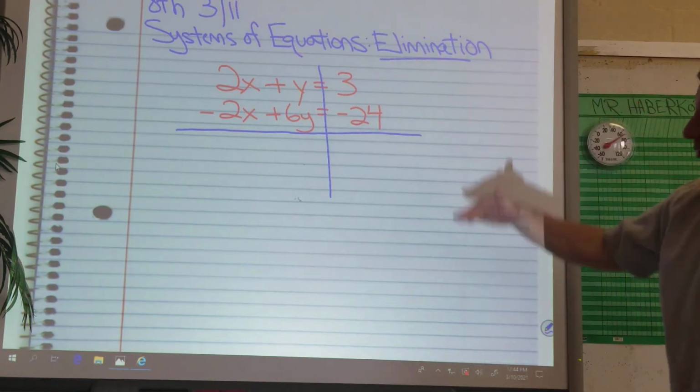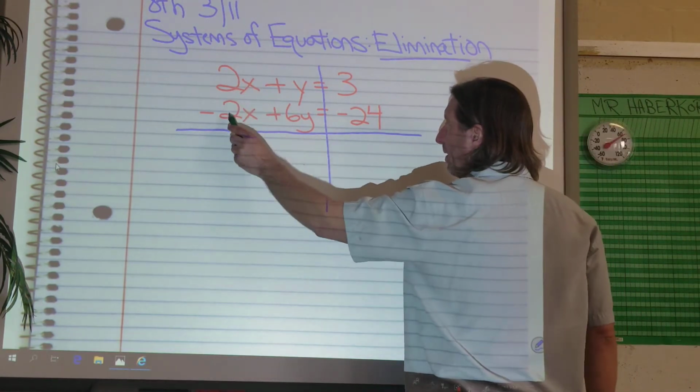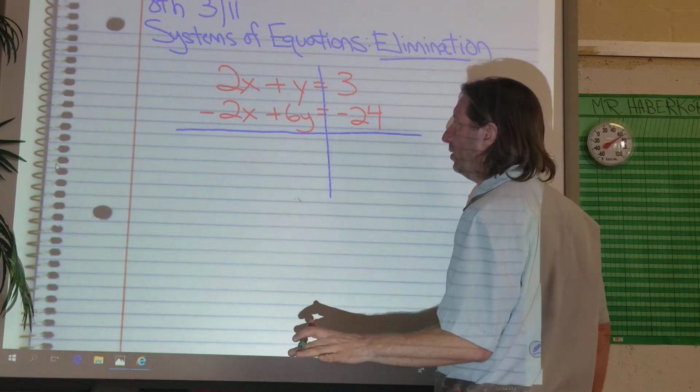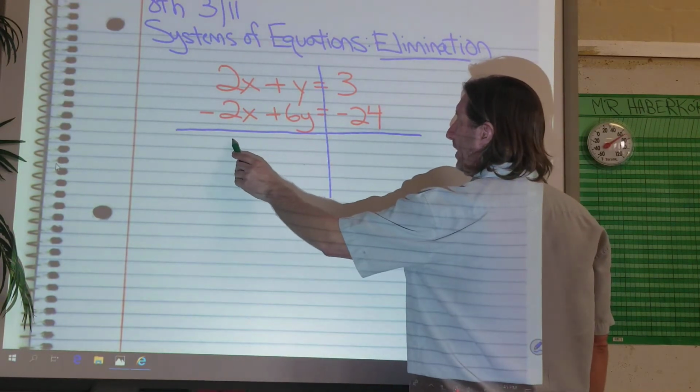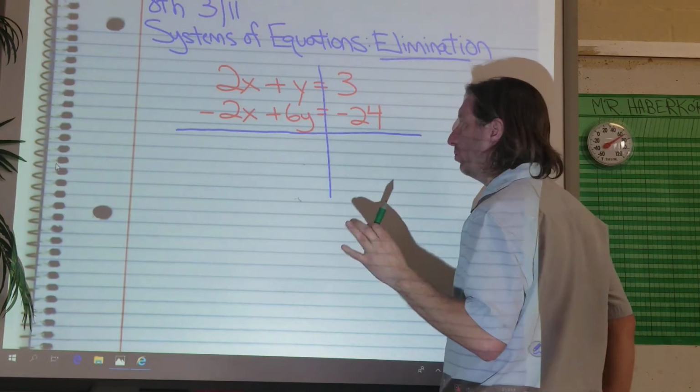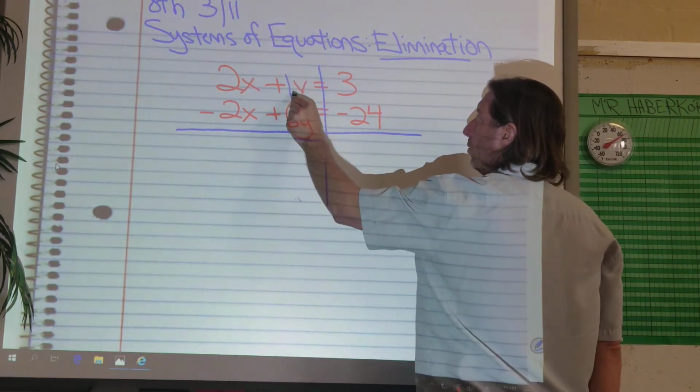So we're just going to add straight down. 2x minus 2x is nothing, right? Those cancel out. We don't want to cross them out because we're going to use that later, okay? And I'm not going to write 0x here. You never write 0x. That means nothing, so we're not going to write it. All right, that's a 1y, right?